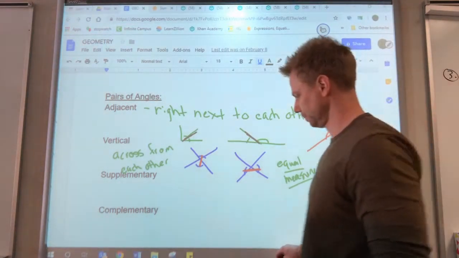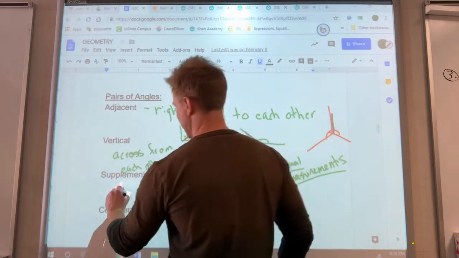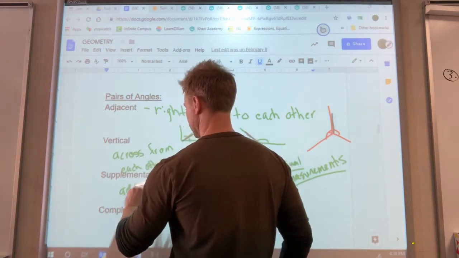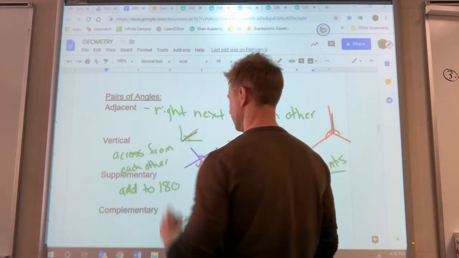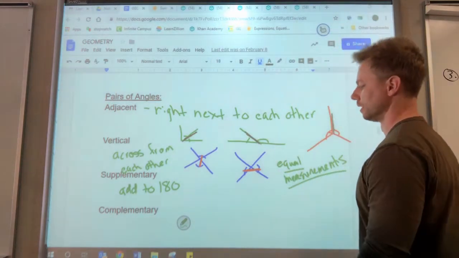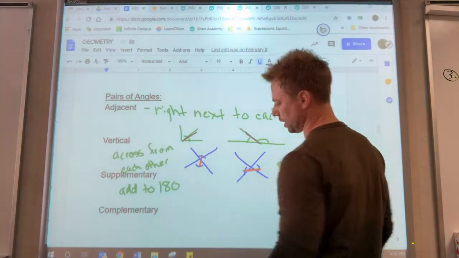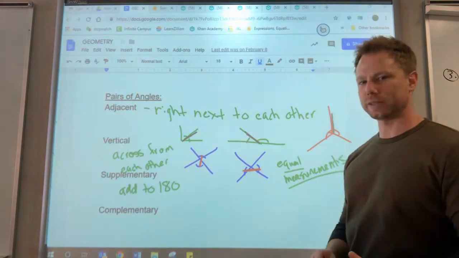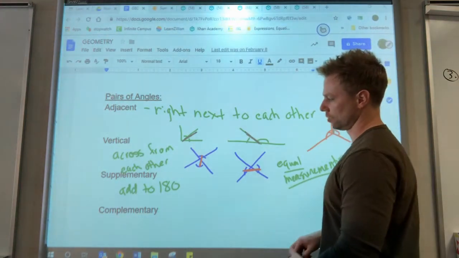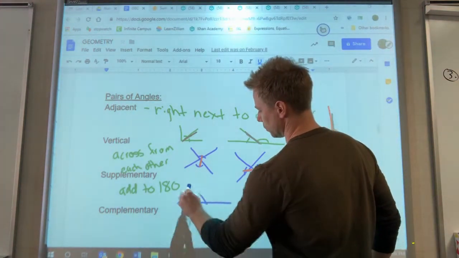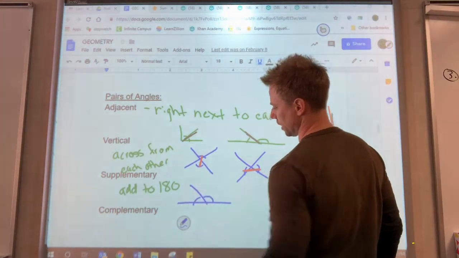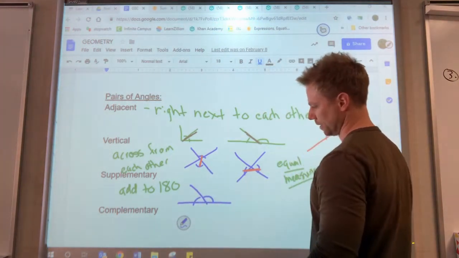Supplementary means they add to 180. A lot of times they'll be right next to each other, but they don't have to be. So if they're right next to each other, they'll make a straight line, something like that.